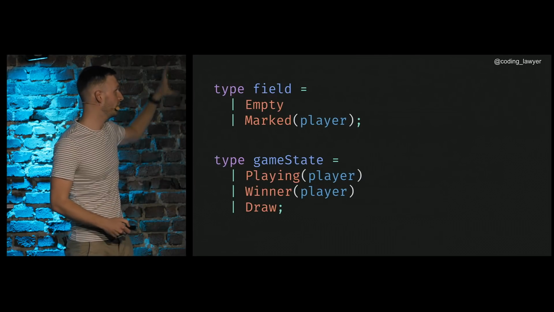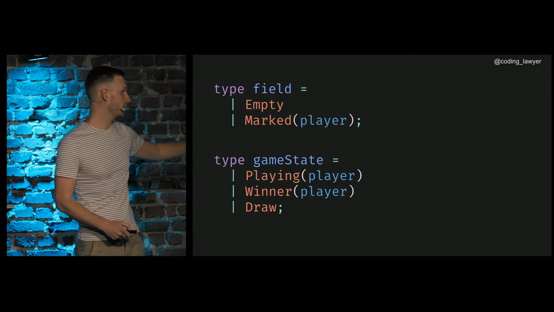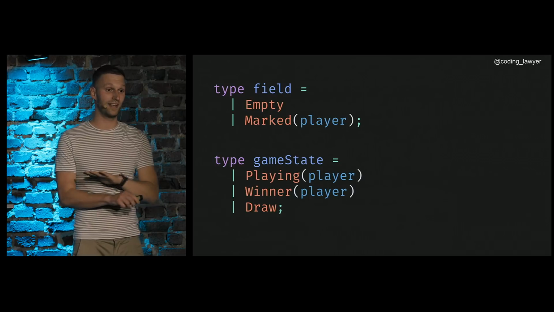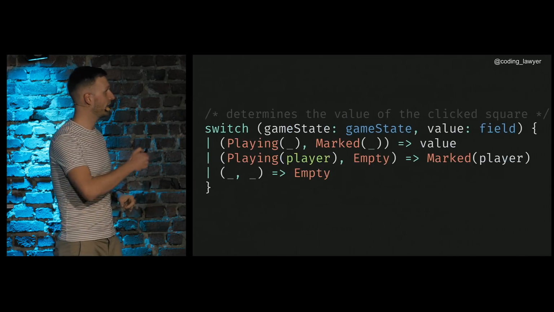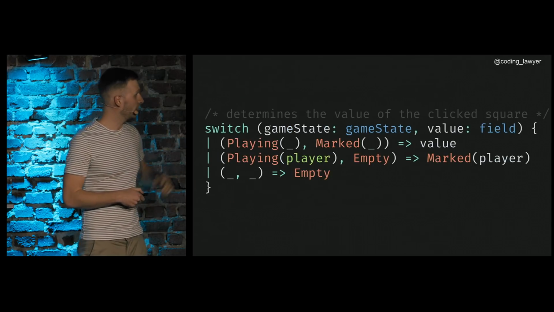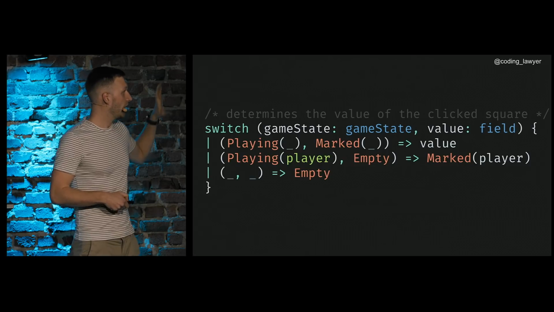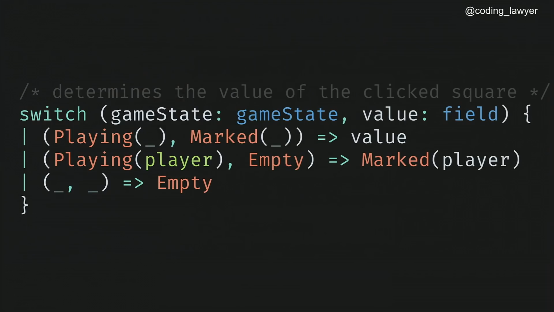But just a quick reminder, these are the types we've just defined. They are enums: field, empty or marked; game state, playing, winner or draw, and nothing else. And our pattern matching we've just seen a minute ago. Now, in Reason, we use pattern matching to process our data. That means we have some data and define patterns, and then we match the patterns against our data. Let's take a look at how this works.